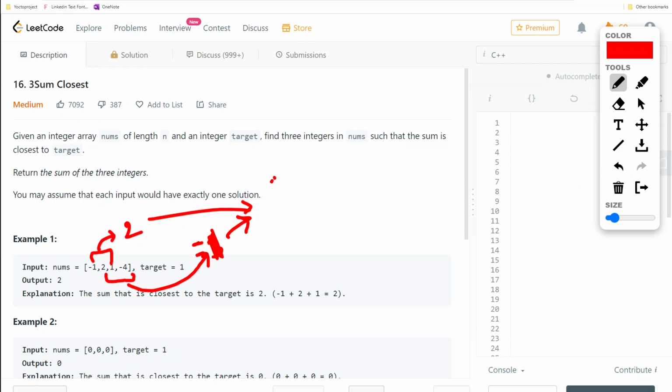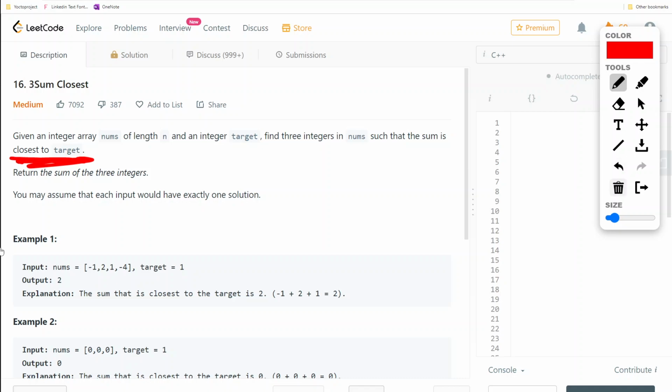The one whose difference is the lesser one will be the closest. So this is what it meant by returning the sum which is closest to target. This is all we are required to do in this question.